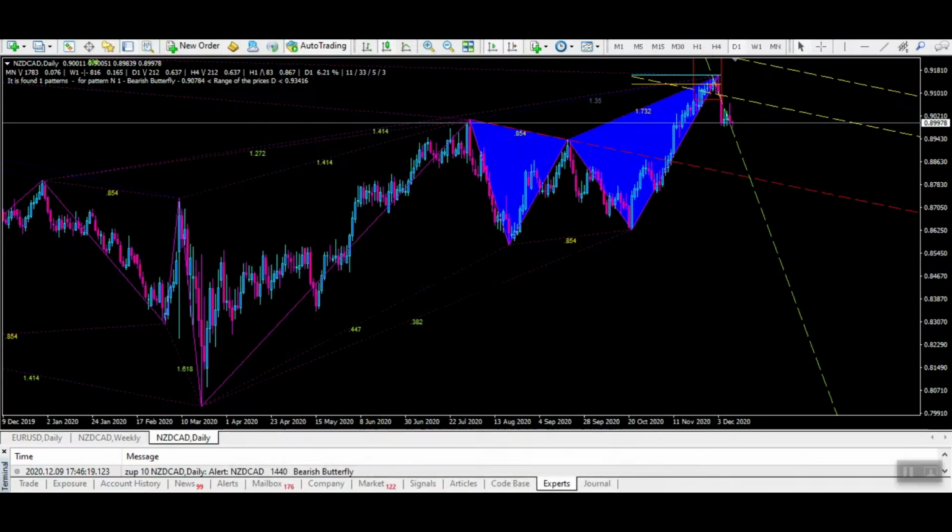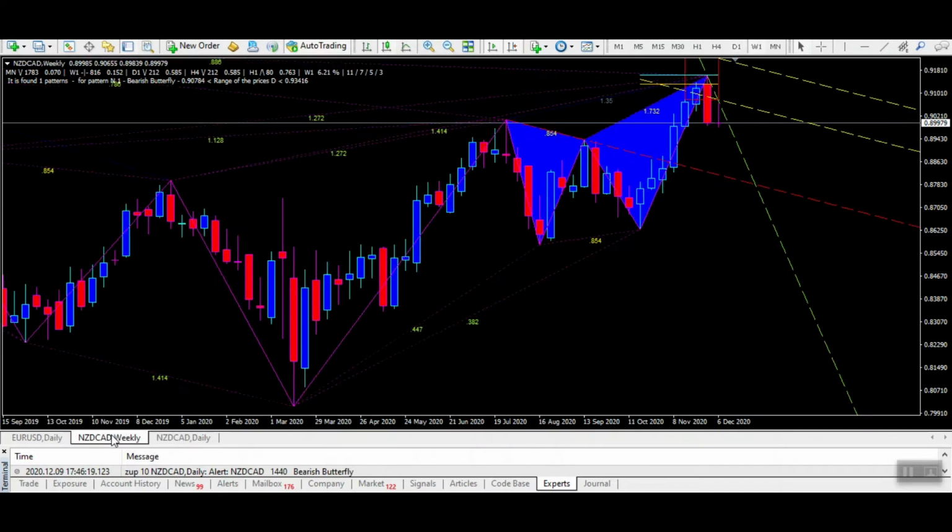But anyway, what started all this was the other day on Facebook. Every now and then I'll post something if I see something interesting, and they had the NZD CAD with a bearish butterfly on the daily and the weekly.